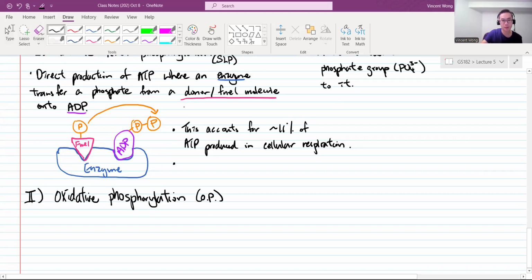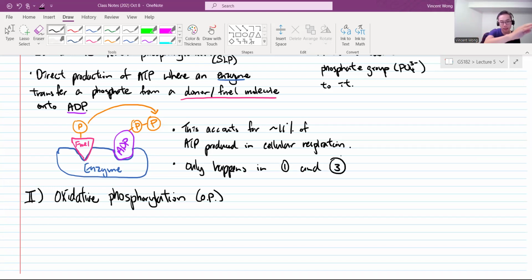Let's go back to SLP for a second. This accounts for about 11% of ATP produced in cellular respiration. It only happens in 1 and 3. And remember, we have 4 stages, right? If you don't remember the names, that's okay. We're going to write them out later. But substrate level phosphorylation is only going to happen in glycolysis and the Krebs cycle.